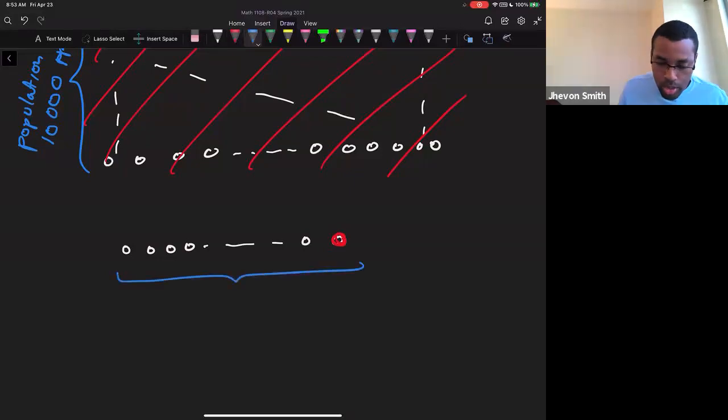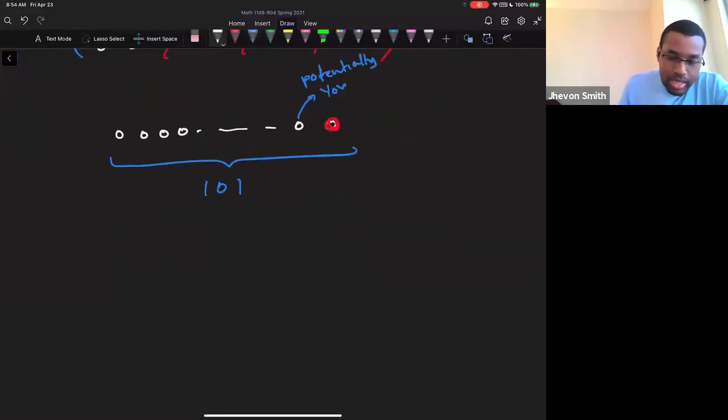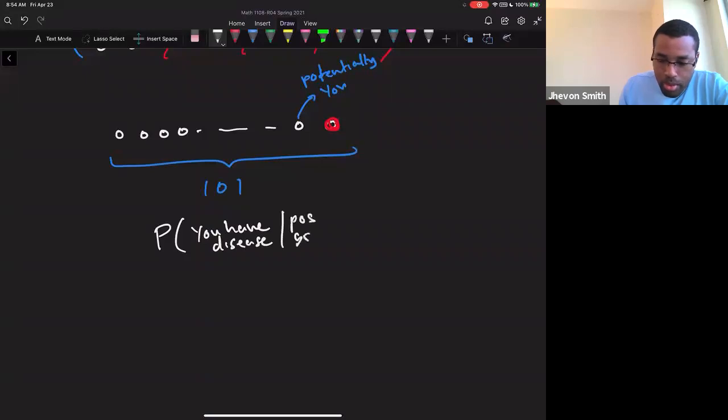So there's 101 people, and this is you, potentially. Hopefully you're not the red one. I mean, you could still be, but potentially you are the guy who does not have the disease. And so really your chances, the probability that you have the disease, given that you're in the positive group, as in the test told you positive, is really 1 over 101.